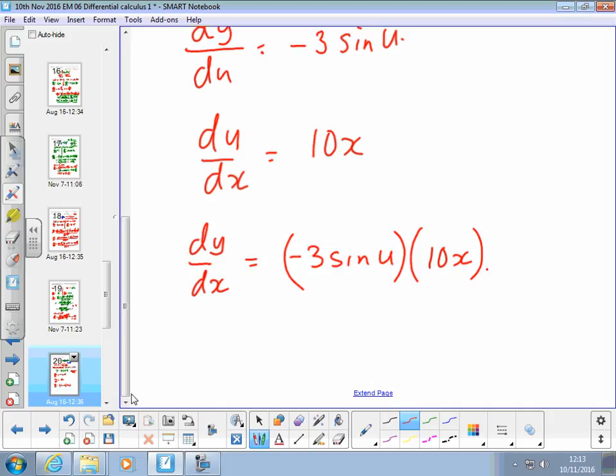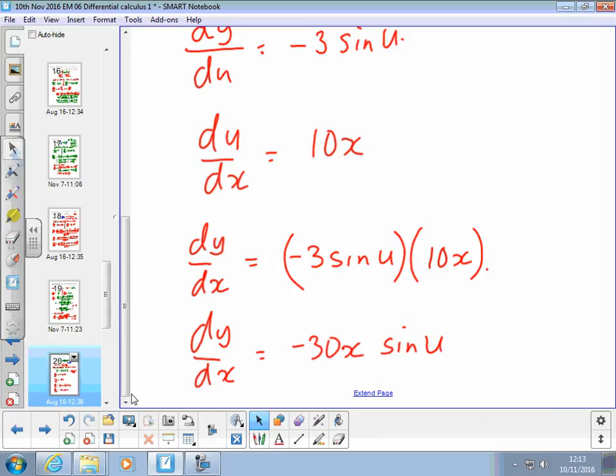Multiply those brackets out. 10x times minus 3 is minus 30x sine u.